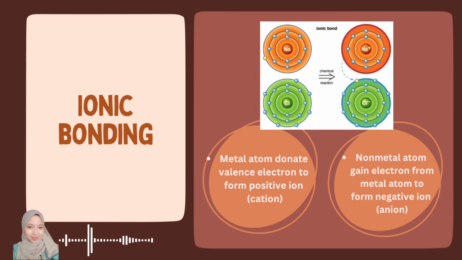When an atom donates an electron, it becomes positively charged because the number of protons is more than electrons inside. While a non-metal atom gains electrons from a metal atom to form a negative ion, which is an anion. When an atom receives an electron, it becomes negatively charged because the electron number is more than the proton number.